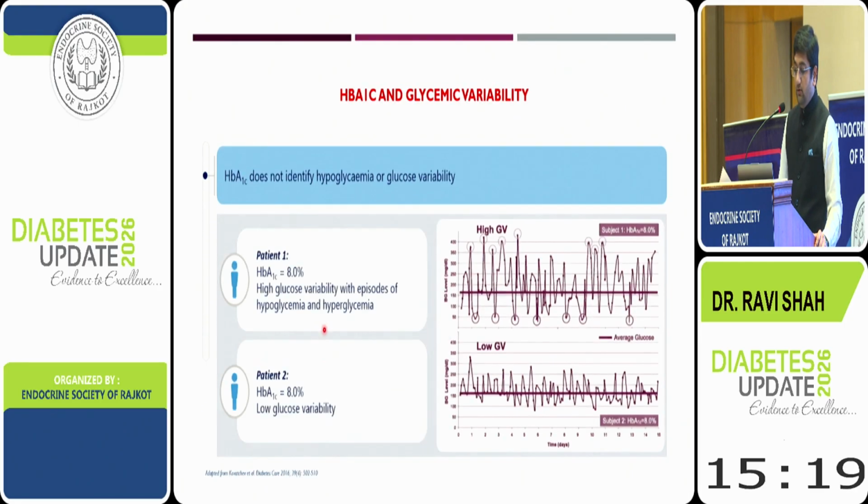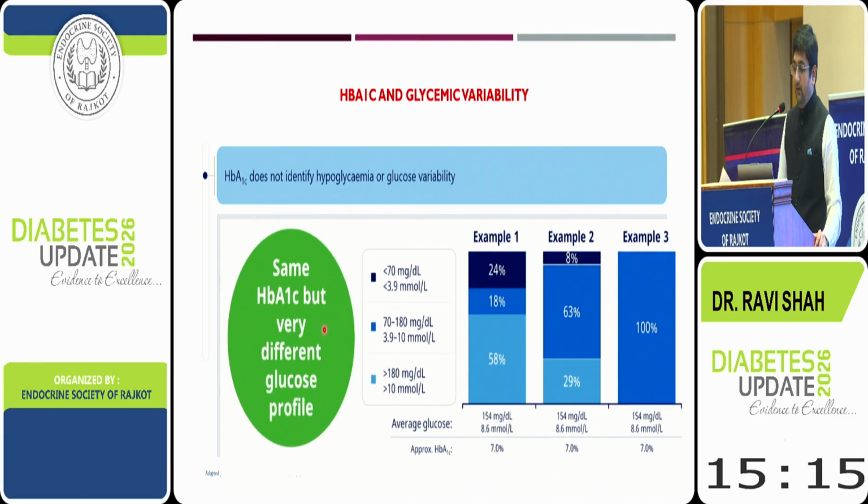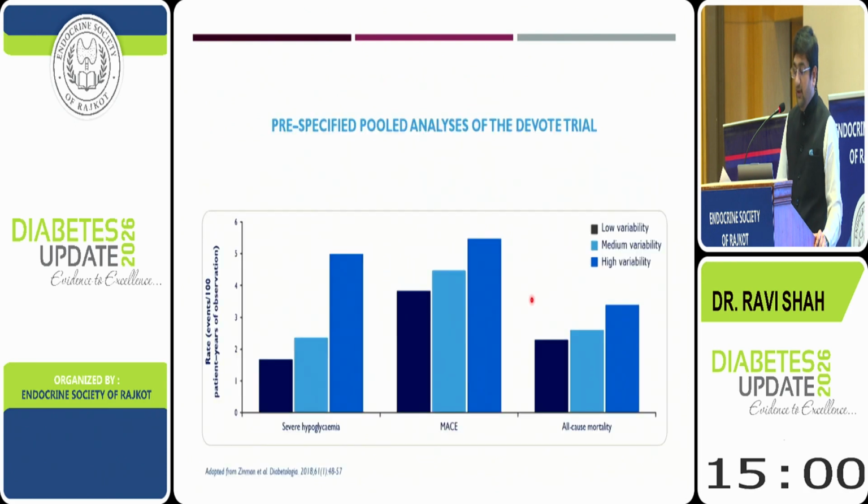Beyond that, there is also the concept of glycemic variability. If we look here, there are 3 patients, all with HbA1c of 7%. But in example number 3, 100% of the patient's glucose values are staying between 70 to 180, while for patient 1, it is only 18%. Whether this is harmful to the patient or not, we have data from the DEVOTE study.